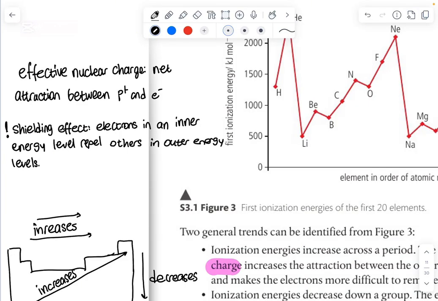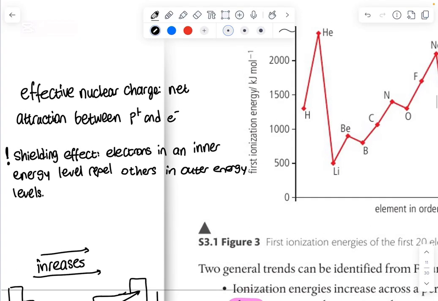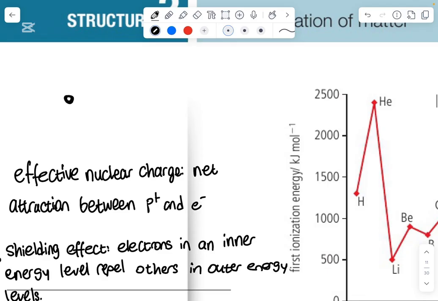The electrons in an inner energy level repel others in outer energy levels. Let's draw a little figure. These are going to be electrons in the inner energy levels, and these are going to be the electrons in the outer energy levels.